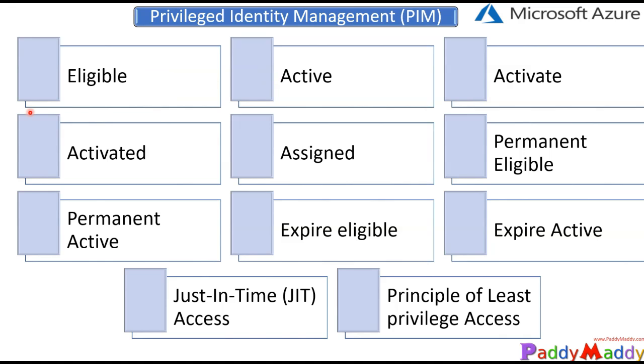When we talk about the eligible, it is a role assignment that requires a user to perform an action or more than one action in order to use this role. And if I have been made eligible for a role, for example, as the global administrator, I can activate that role.